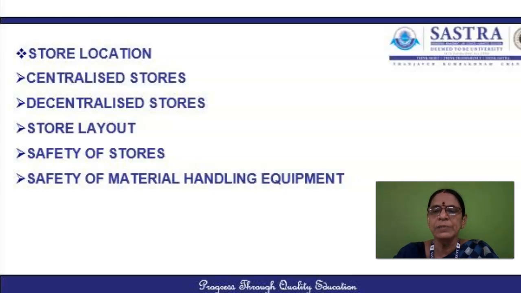To start with, the building should be well constructed, the doors should be strong and provided with efficient locks, and all windows should be provided with iron grills or wire mesh. It is necessary to ensure that the windows are closed properly every day. Rolling shutters are popular and effective in this regard.